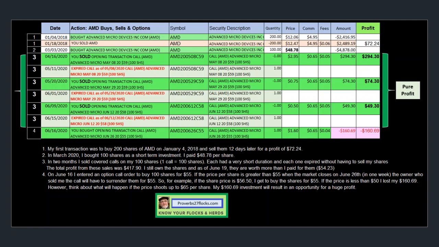In January of 2018, I bought 200 shares and shortly thereafter sold the 200 shares for a small profit of $72.24. Then in March of 2020, I decided to buy 100 shares of AMD, and I paid $48.78 for those shares.